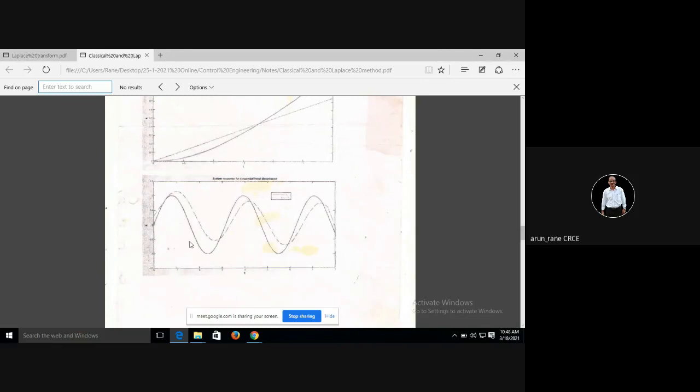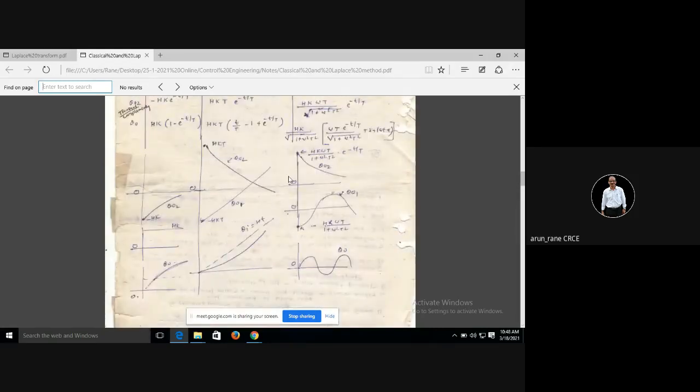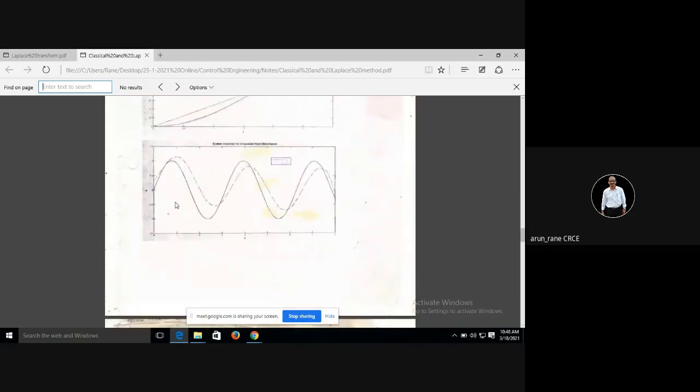Now this is my h sin(omega t), this is the solution that I gave, h sin(omega t) is this, okay. This continuous line is my input line, okay, and the dotted one is your output theta o, okay. So by substituting h sin(omega t) you will get this graph, and theta o, if you substitute the various values of t over here, you are going to get this graph.